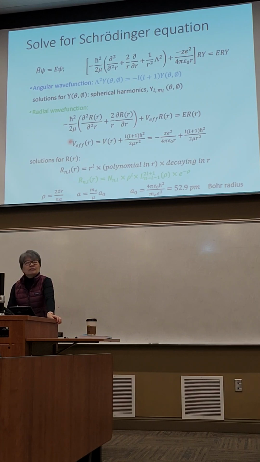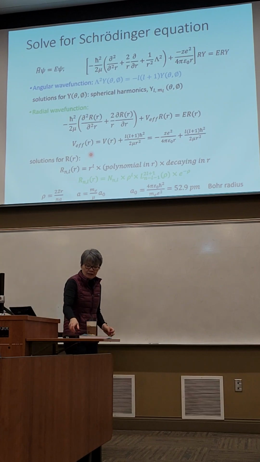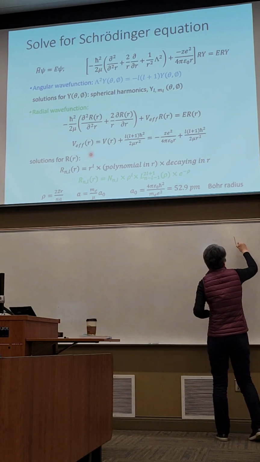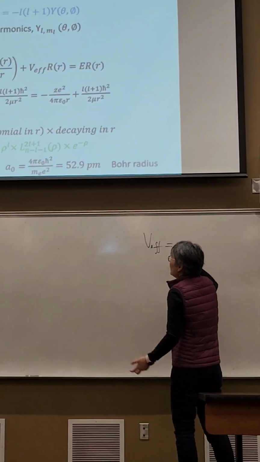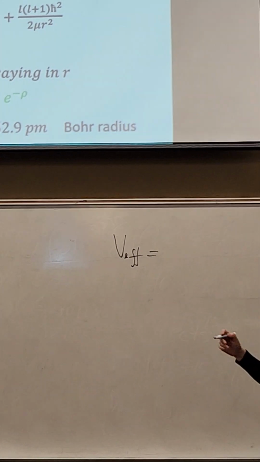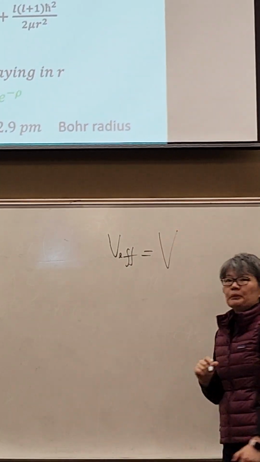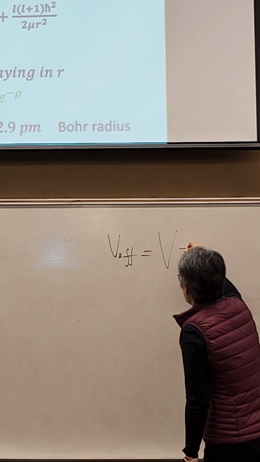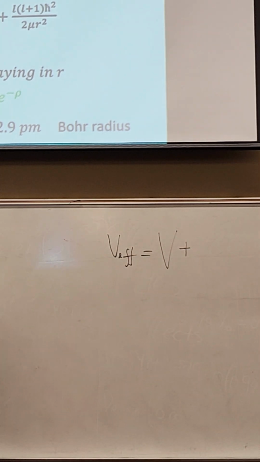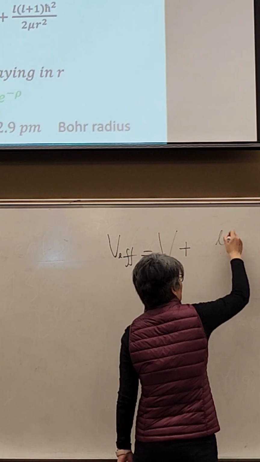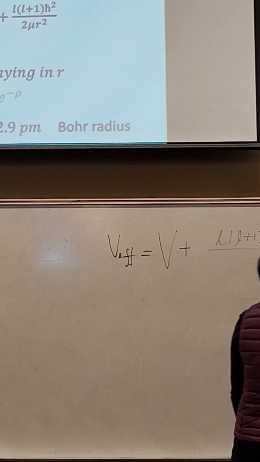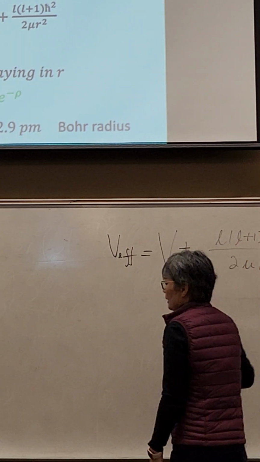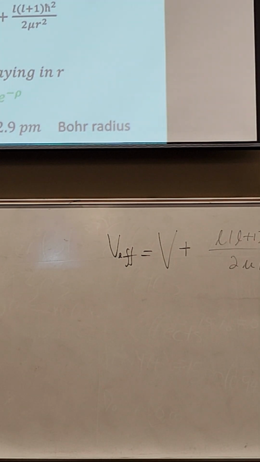The effective potential, so when we say V sub eff, it's really when you regroup by solving this Schrodinger equation with separation of variables, including our original potential energy for the system, plus whatever is related to the separation of variables that has a constant term here. All right, we group them together as a V effective.